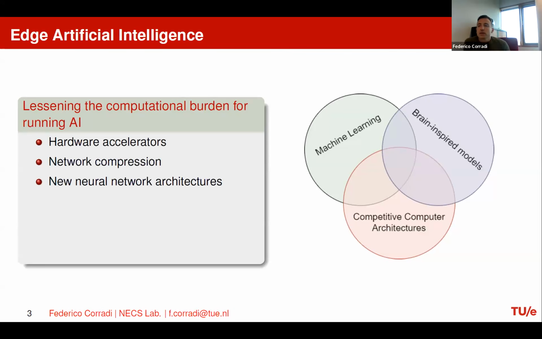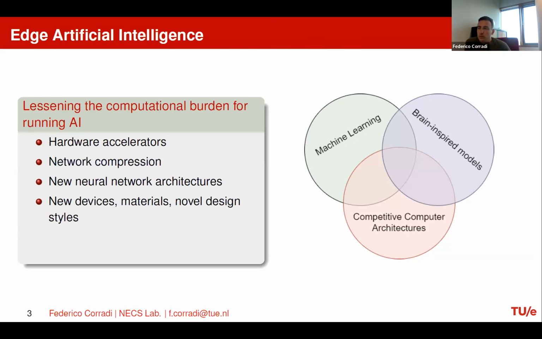And there are new neural network architectures being proposed that try to minimize memory access as well as computing. For example, MobileNet, EfficientNet, all these types of networks are there because they want to be applied at the edge.